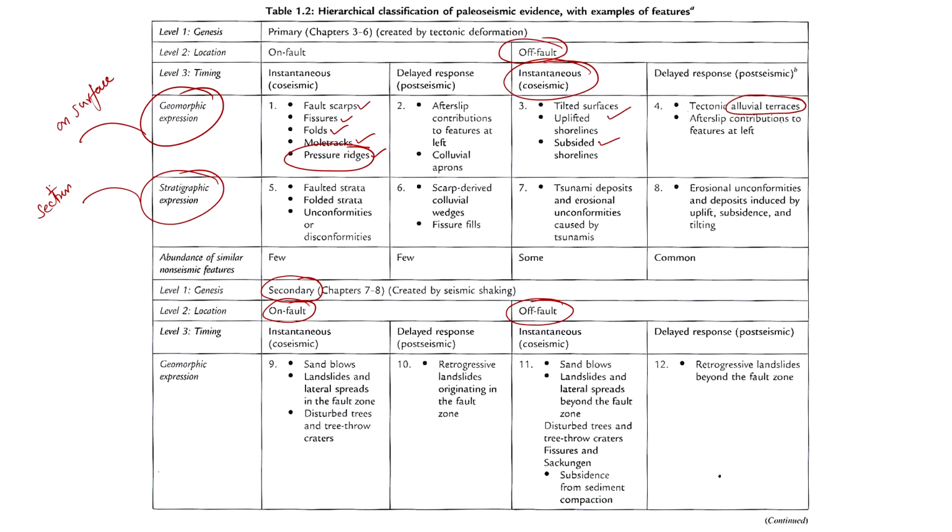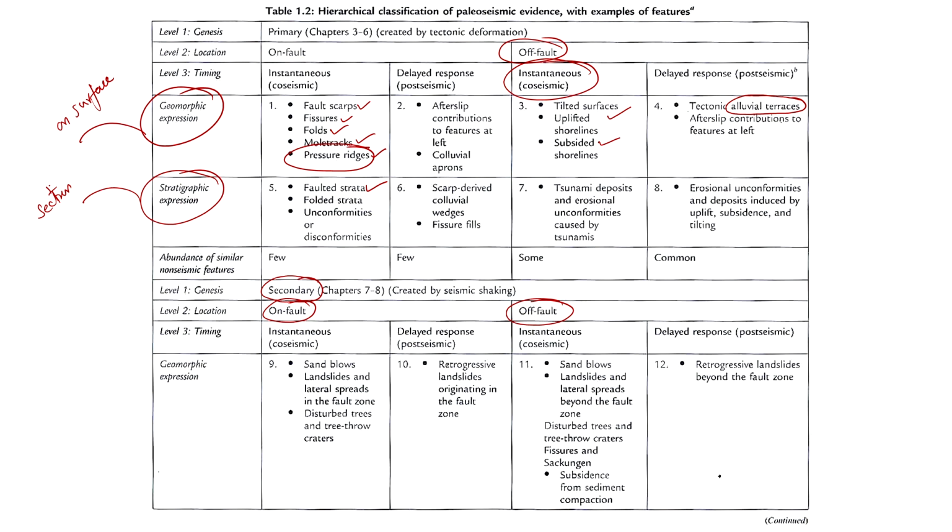Further stratigraphic expressions, because we are now talking about the sediment successions. The layers or the sedimentary units will be faulted. So, you will observe a sort of displacement, it will also get folded, you will have discontinuities or disconformities in that region.